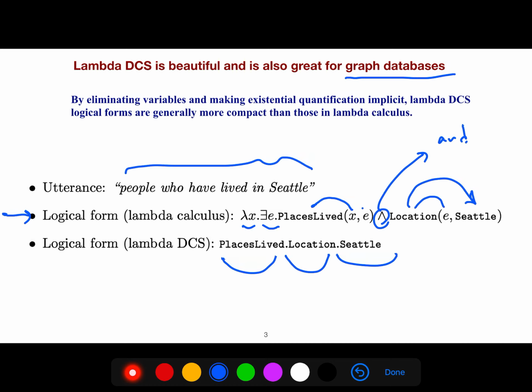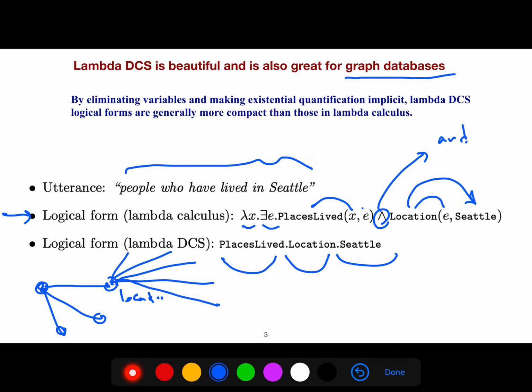So it's like nested things, and it is good because if you have a graph database, place lived could have many things. One of them is location, and location itself could be Seattle, could be Texas, could be some other states. So you see, it's like a graph. It's easier to work on. We've converted these logical things to something meaningful.